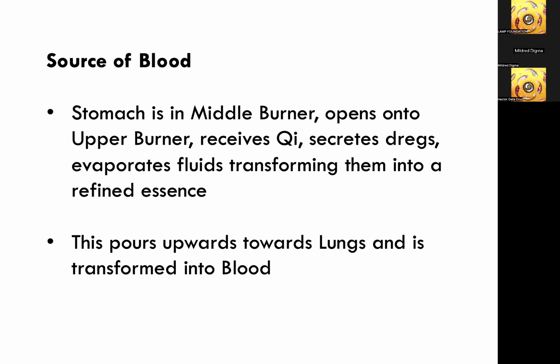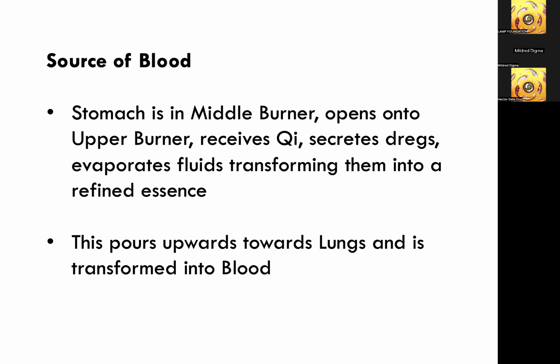Okay. Source of blood. Stomach is the middle burner. Opens onto upper burner, receive qi. Secret dregs, evaporate fluids, transforming them into a refined essence. So yung mga hindi na po kailangan ng katawan o yung untransformed good qi, syempre ibababa ng ating stomach sa small intestine, then to colon, then ilalabas po ng ating katawan, stool.